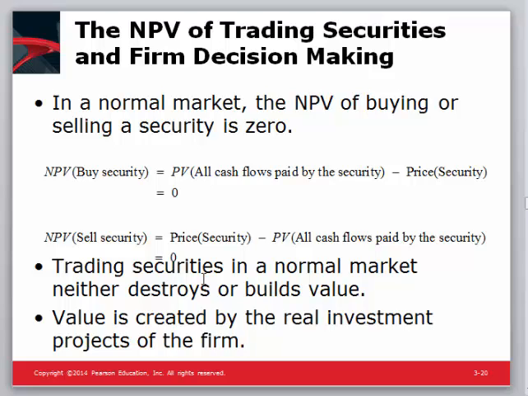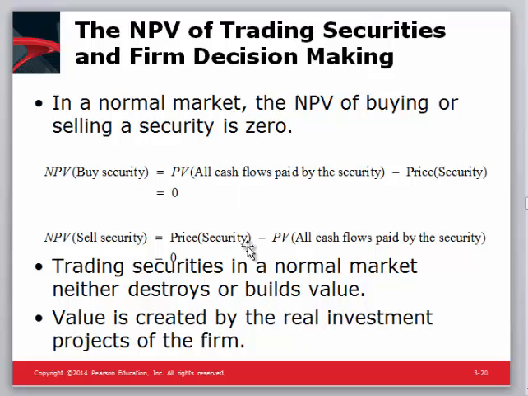So trading securities in a normal market neither destroys nor builds value. I think this is sometimes a source of confusion in the marketplace, where you think, all this activity is happening in the stock market, so what's happening to the assets of these companies? Are they changing? Exactly what we're talking about here is that the value of a project, the value of a company, is the real investment of that company in projects.